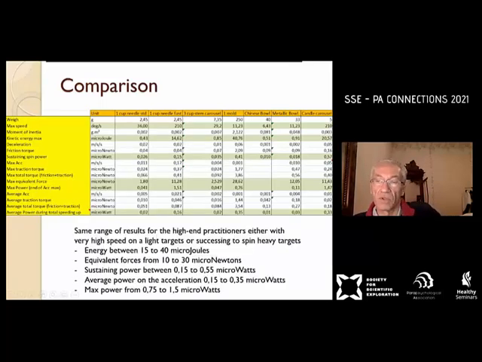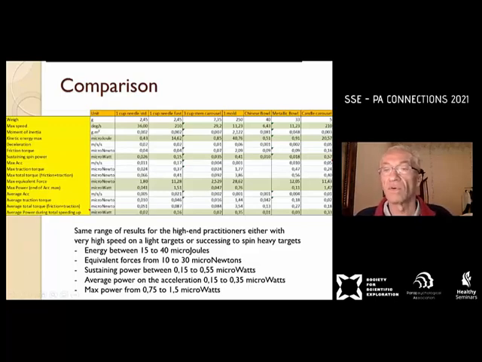What's important to see is that when we speak about high-end practitioners, these are people who are able to reach the highest speed for the light couple, like the first video we saw. For example, here, one cup, middle, very fast, and we were able to go to 14 microjoule and 0.5 microwatt for the sustaining power.